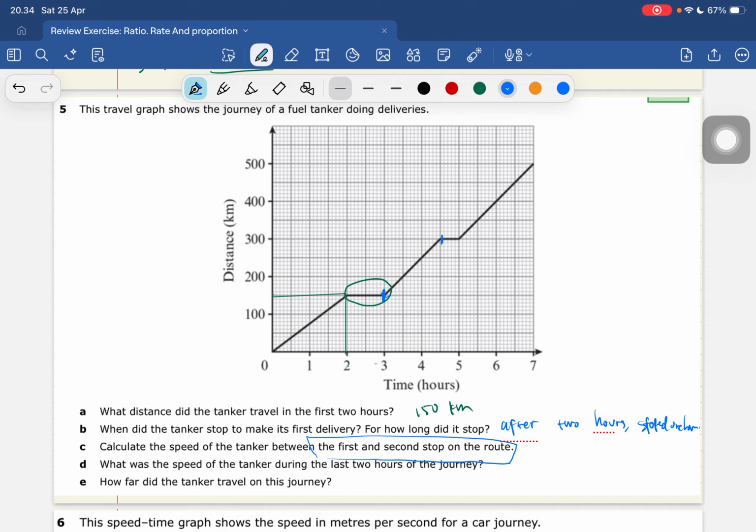So the distance, okay, we got 2 hours here. The time 3 is 2 hours. Here is 250 km. Here also is 150. Here also 150.